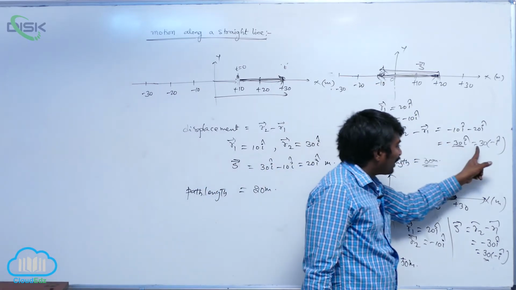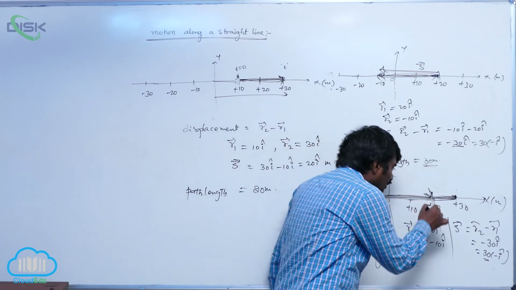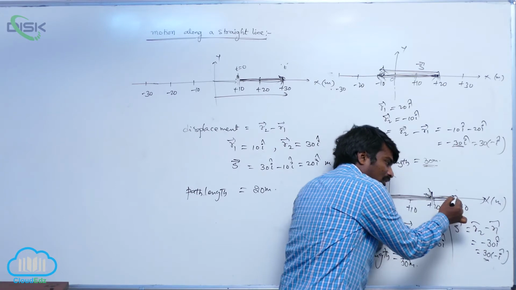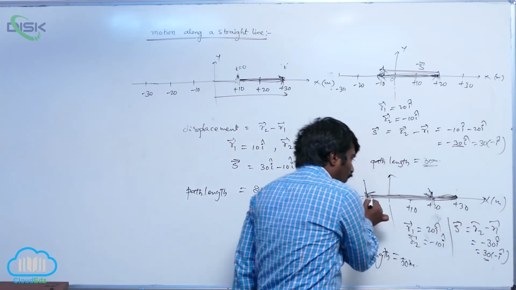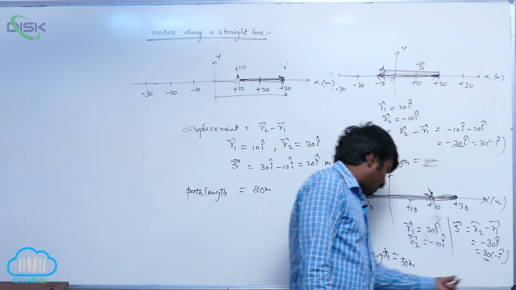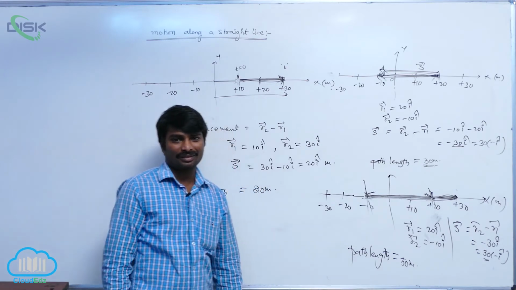Here also magnitude of displacement and path length are equal. But here it started and changed its direction of motion at 30 meters. So when there is a change in direction of motion, the magnitude of displacement you got is less than path length.